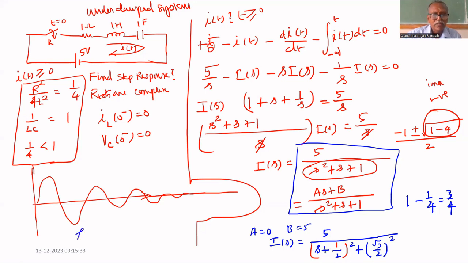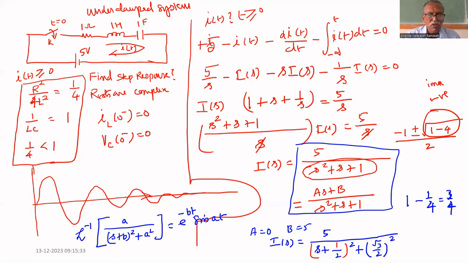So we know that Laplace inverse of a divided by s plus b whole square plus a square equal to e power minus bt sin at. This formula we know. Here a square is there, but here no a. Therefore, we have to write root 3 divided by 2 as a. To cancel that, we have to write 2 divided by root 3.